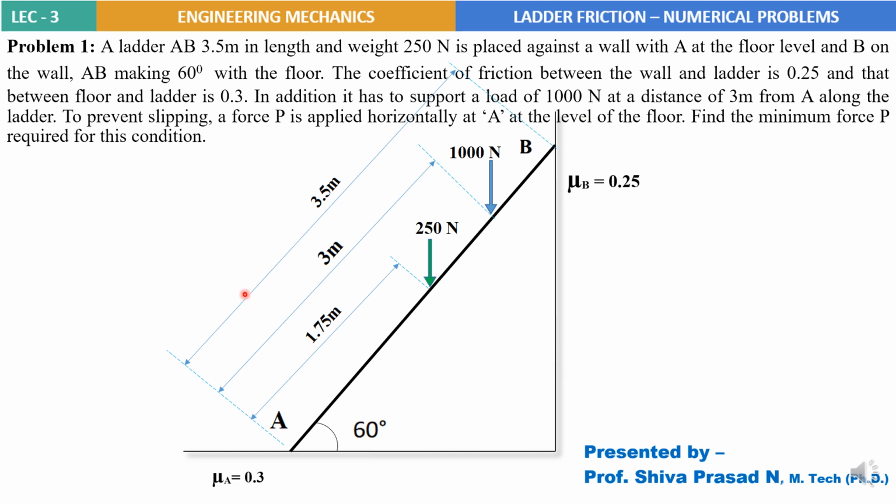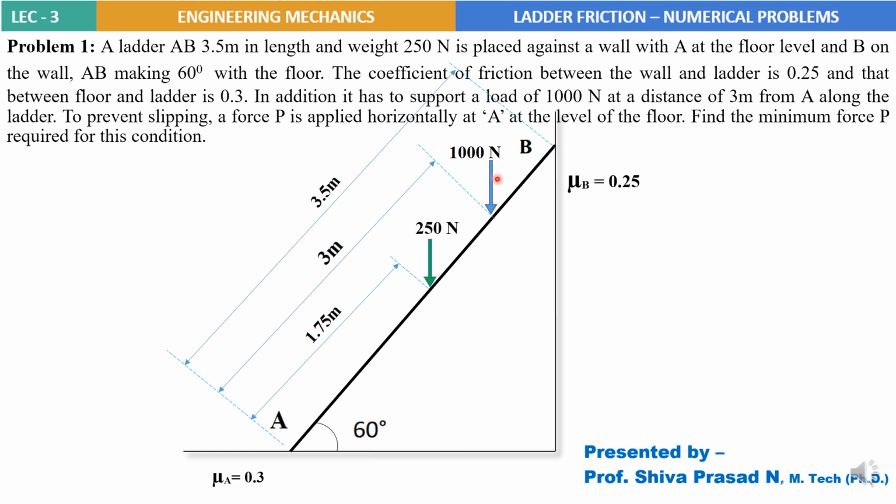So for this sketch which we have drawn, we will try to draw the free body diagram also on the same sketch. So let's see what are all the things we need to consider for drawing the free body diagram. Already we have the self weight acting at the center of AB, 250 Newton.